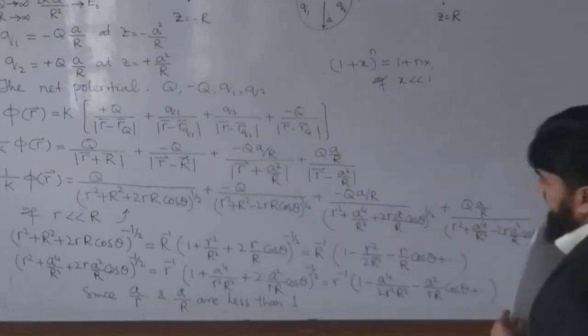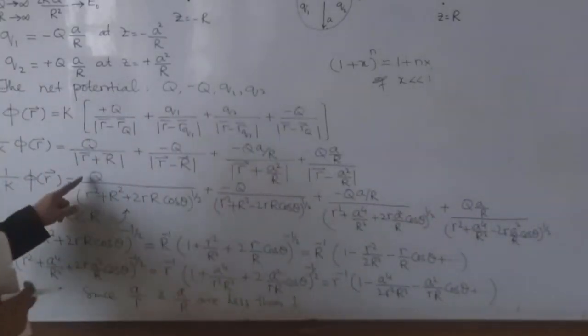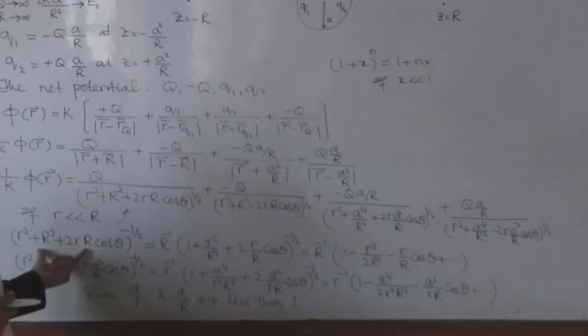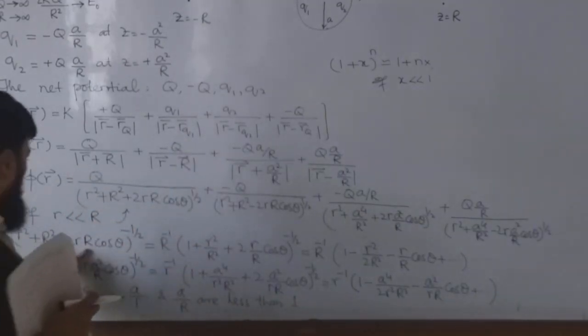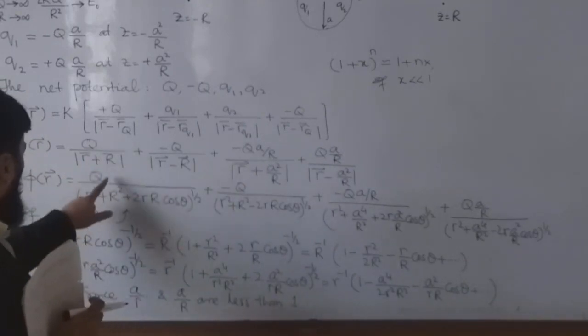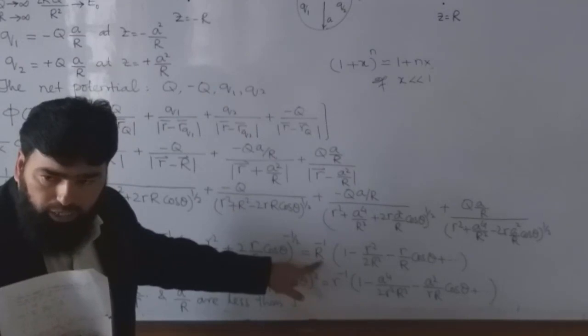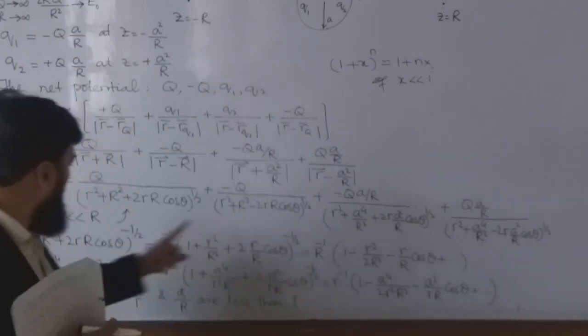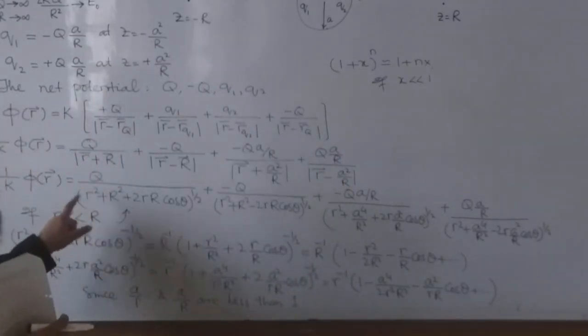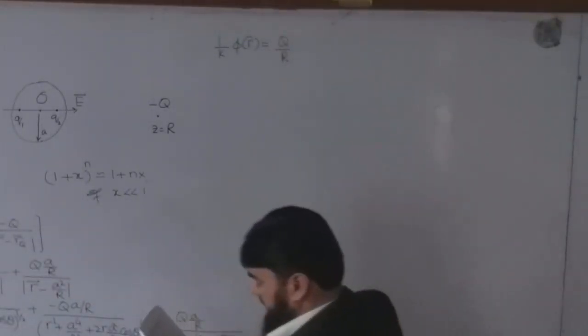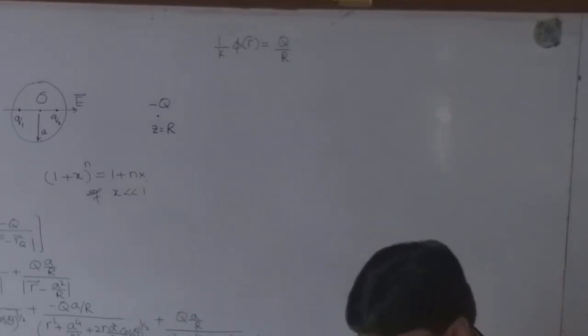So I can write now what will be over here. This one I solved here, and this is equal to Q. And now this one I can write 1 over r. So this will become Q by r. So I have to take Q by r, and then the remaining term.